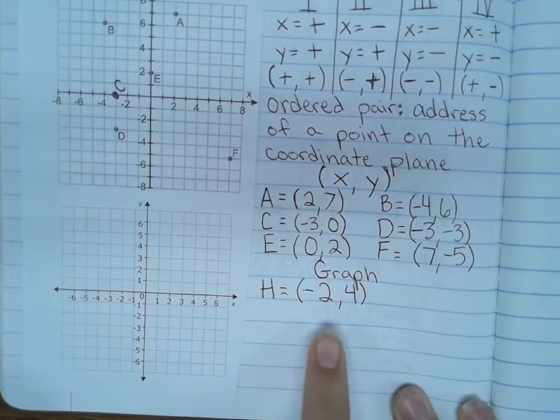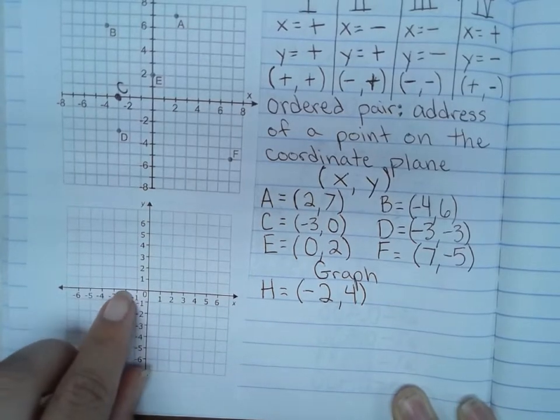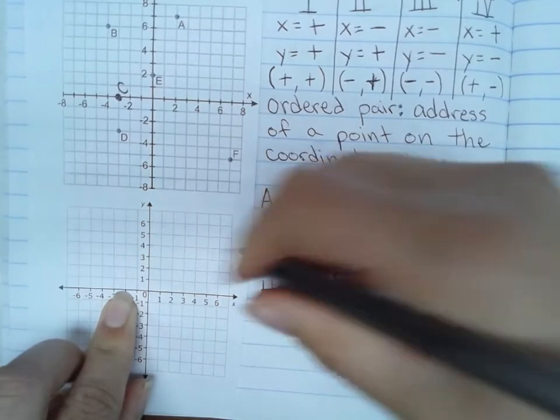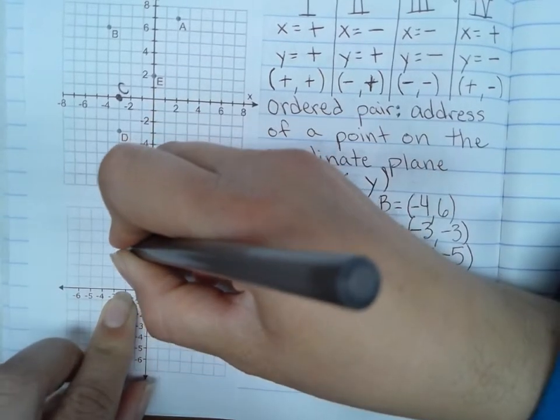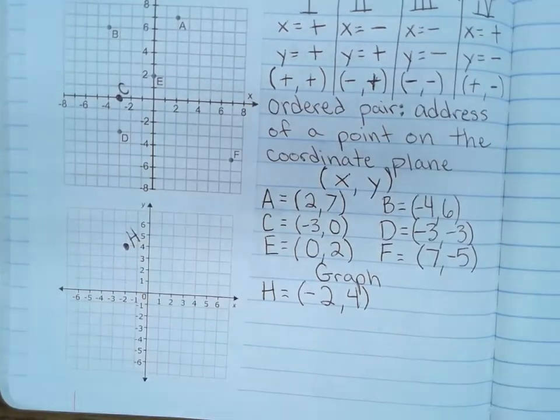So go negative 2 on the x-axis, 1, 2 to the left, positive 4 on the y, so that means up 1, 2, 3, 4. Put a dot right there. That would be point H.